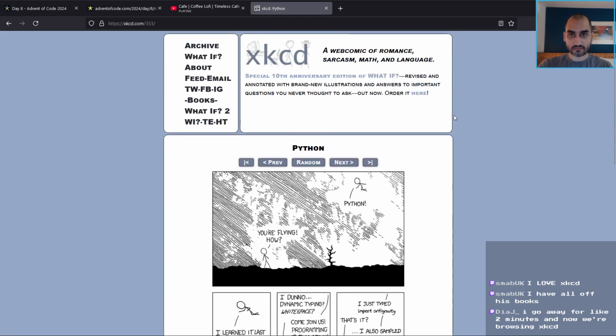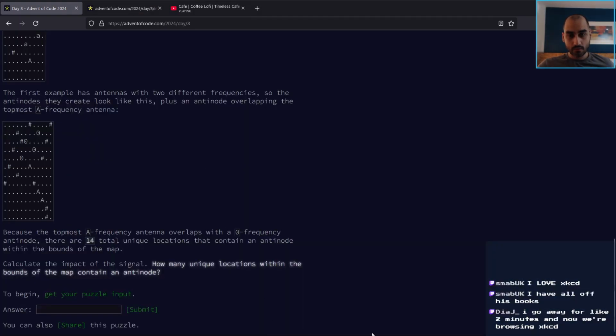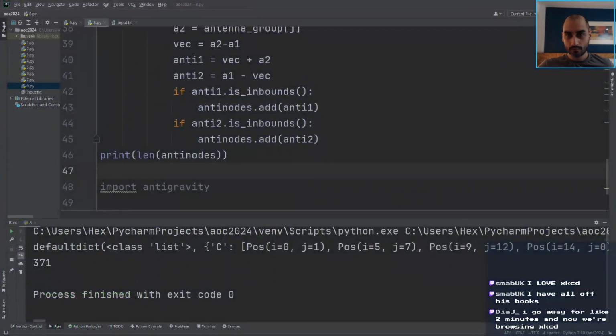I don't read the comics anymore. I stopped years ago, but every now and then some of them make their way to other sites and I see them. Cool. I go away for 2 minutes and now we're browsing XKCD. Well, my code popped that up in the browser.